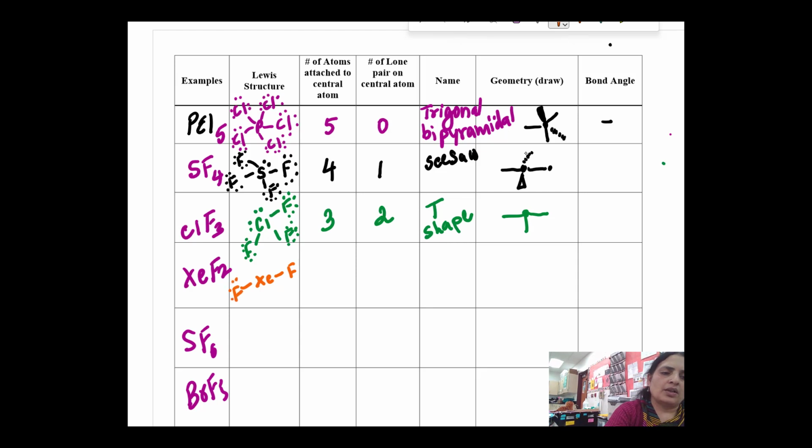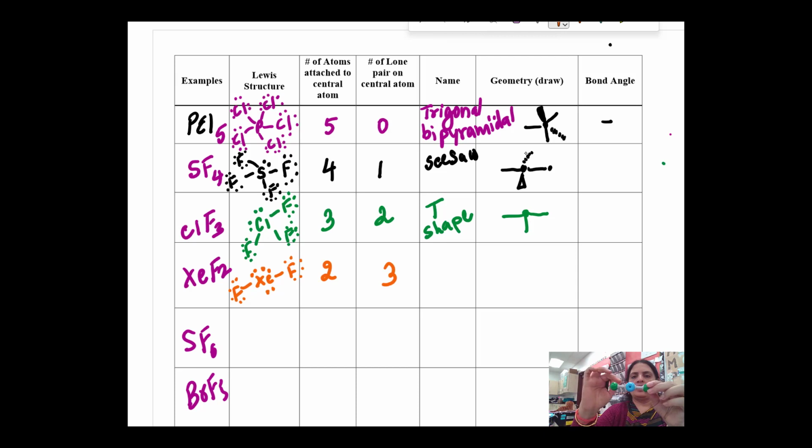attached. And if I do the Lewis dot structure, I'll know that there are 1, 2, and 3 lone pairs on Xe. So Xe is attached to 2 atoms. There are 3 lone pairs. And if you look at the geometry, how does it look?